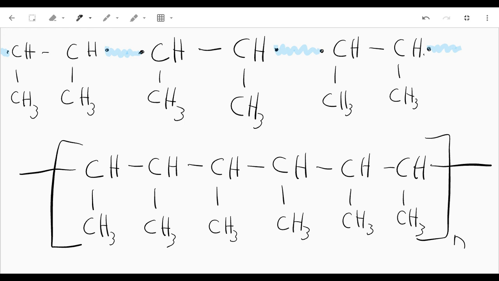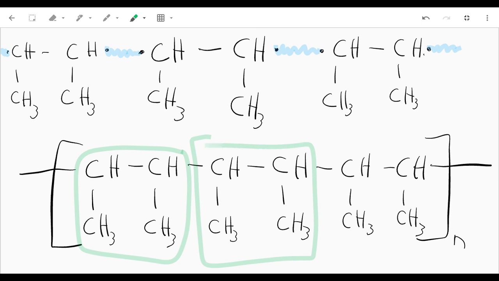The important thing with this one, and the reason I picked this chemical, is that if you look at it now, it looks like you have 6 subunits, but really you only have 3. So you do have to remember when you're taking a look at polymers that the subunits always have to have 2 carbons in the backbone.